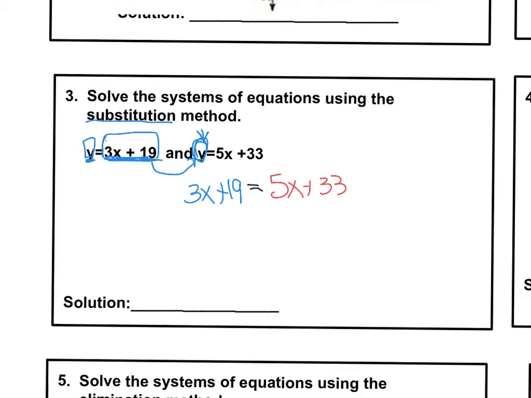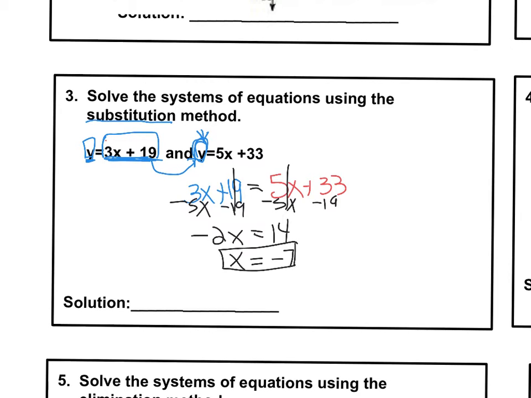Then you solve for x, because now I only have one variable. I subtract 5x from both sides, and subtract 19 from both sides. I get -2x, this cancels, and 33 minus 19 is 14. Divide by -2, so x is -7.